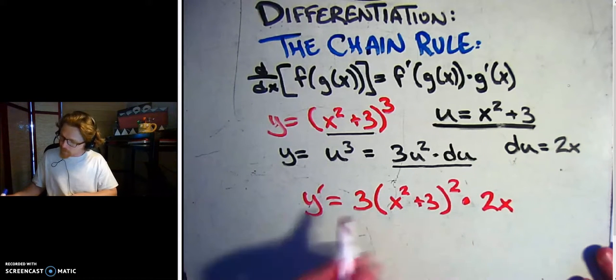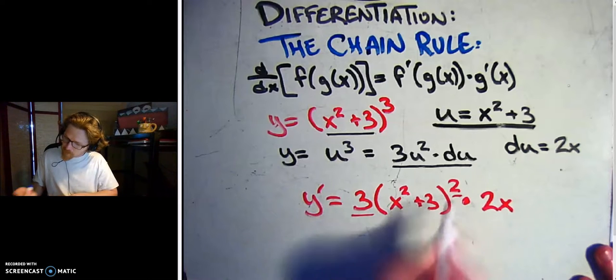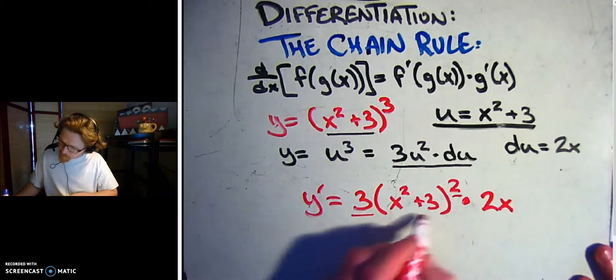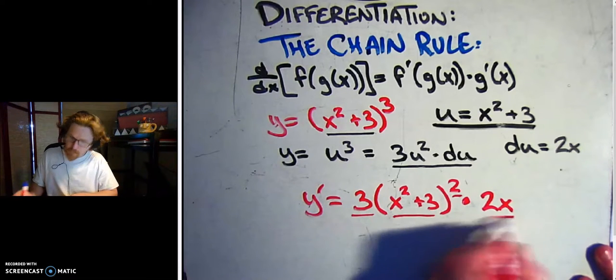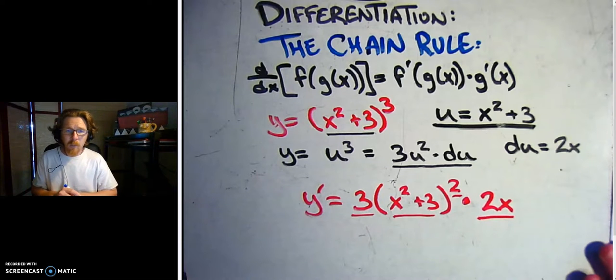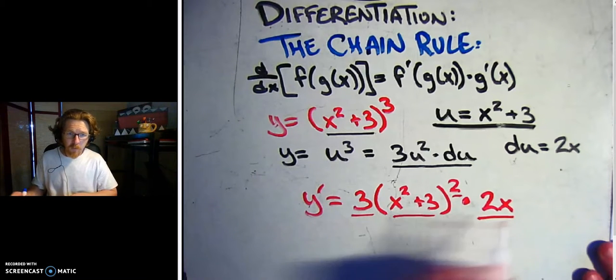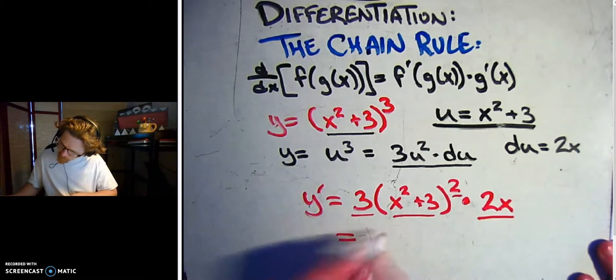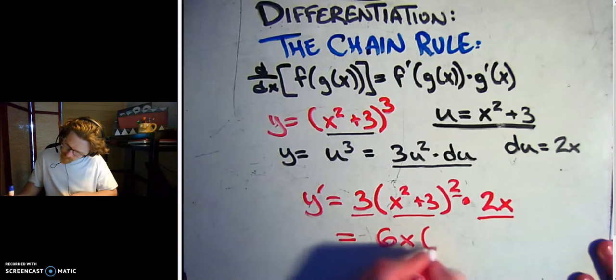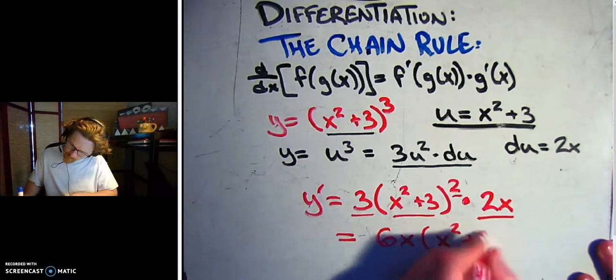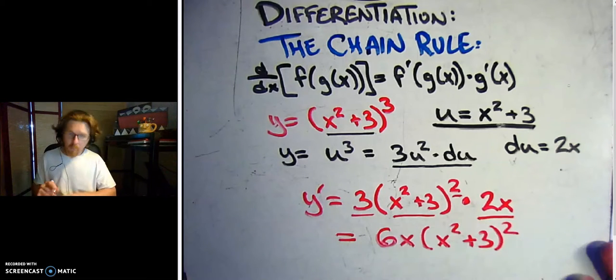Again, that is the derivative of f with the g function inside times the derivative of g. I might simplify this by multiplying the 3 and the 2x, and so I get 6x times x squared plus 3 quantity squared.